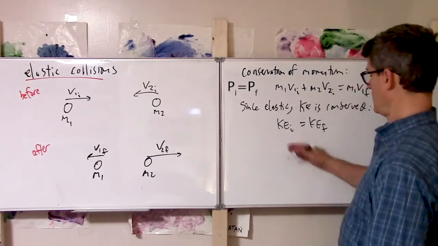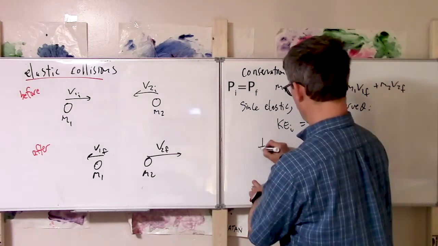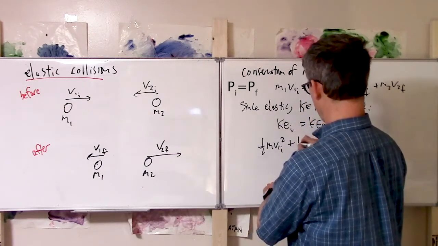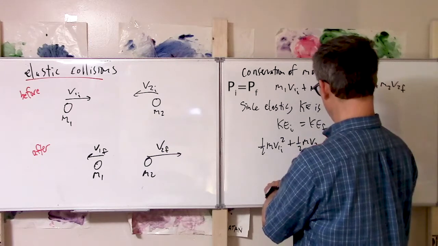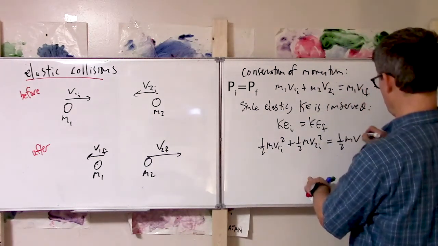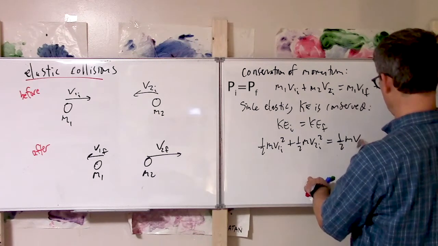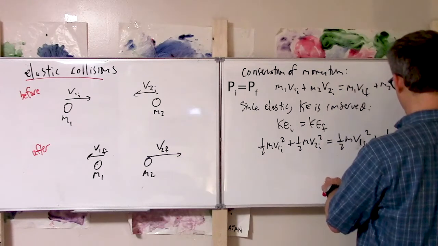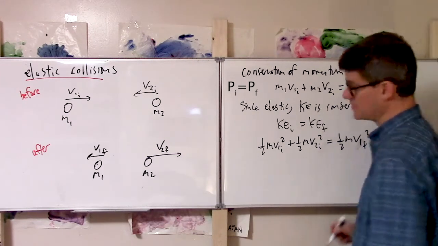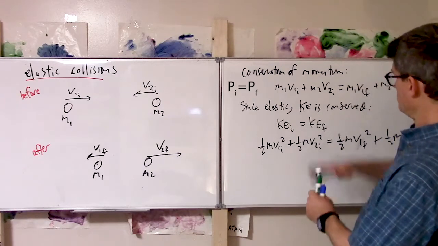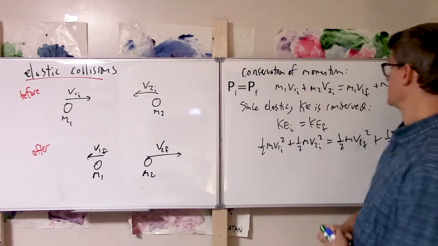That's going to give us 1/2 m v1 initial squared plus 1/2 m v2 initial squared equals 1/2 m v1 final squared plus 1/2 m v2 final squared. So the way you would solve this problem is to solve both of these equations simultaneously.